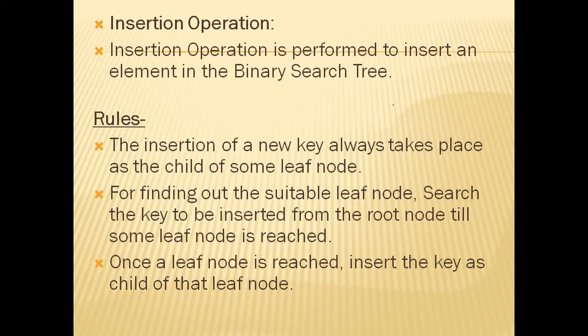For finding the suitable leaf node, search for the key to be inserted from the root node till some leaf node is reached. So the insertion operation itself is nothing but the construction of a binary search tree, which we discussed earlier. When you insert a new element, the same operation is processed. Once the leaf node is reached, insert the key as the child of that leaf node.